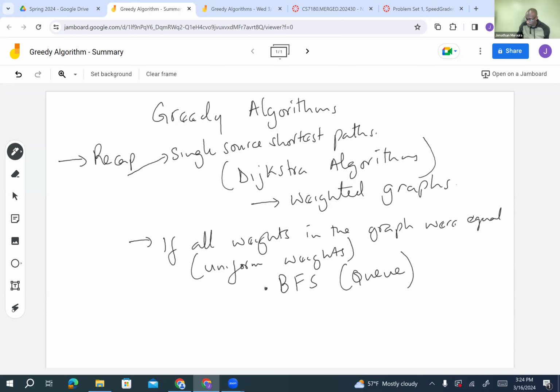So we could solve the single source shortest path problem if all the weights in the graph were equal using the BFS technique, with just a normal queue. Please review these notes because we have them on Canvas and on my Google Drive, to see how we could use these kinds of techniques.